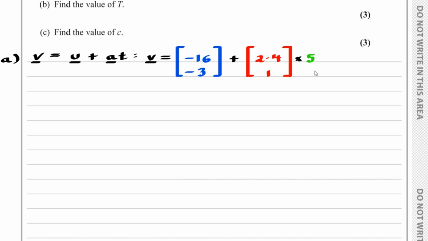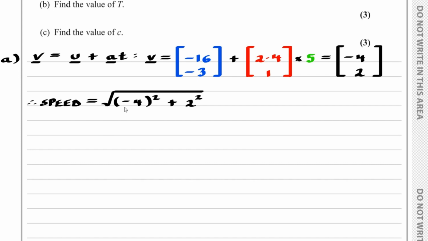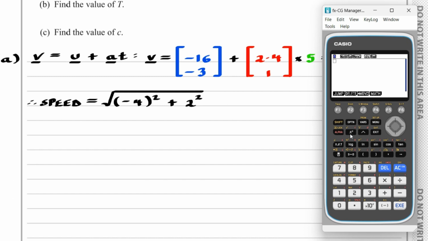If we work this out, we end up with negative 4i plus 2j. Which means the speed is equal to the square root of negative 4 squared plus 2 squared, which is 4.47 meters per second to 3 significant figures.